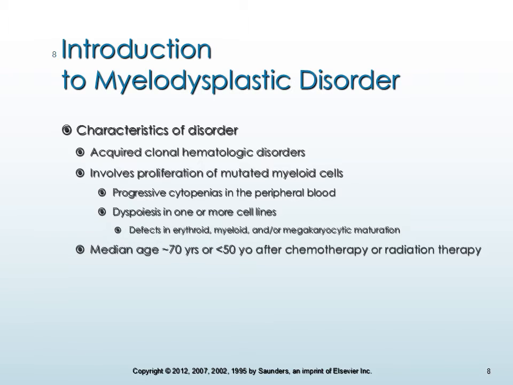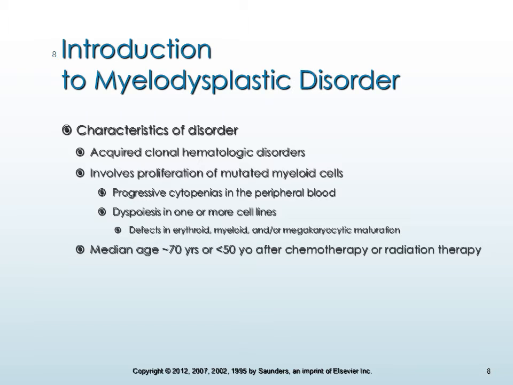These proliferating stem cells have acquired a defect that prevents them from differentiating, maturing, and proliferating normally. The stem cell abnormality most often involves the myeloid progenitor cells. So it's the myeloid, erythroid, or megakaryocytic cells that are involved, and usually not the lymphocytic cell lines.